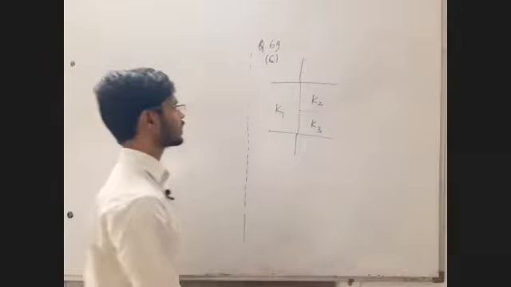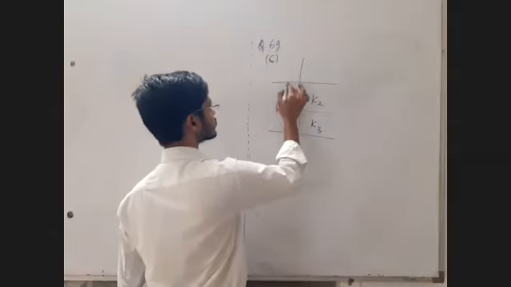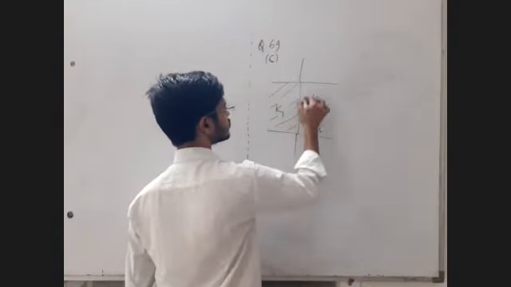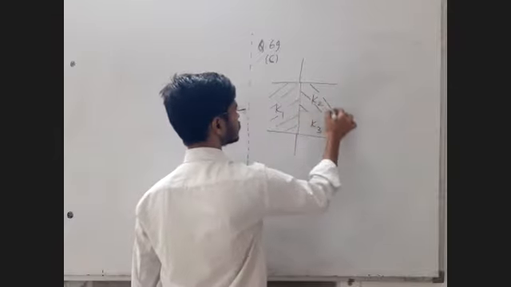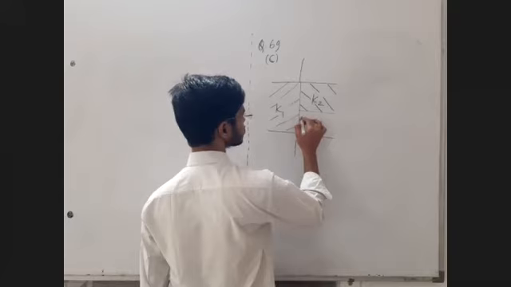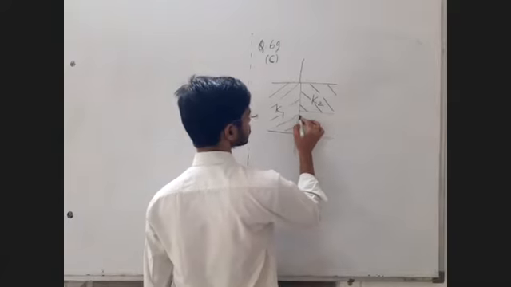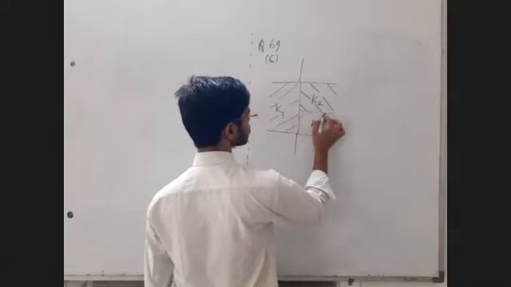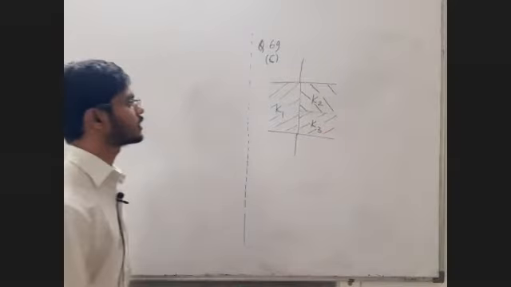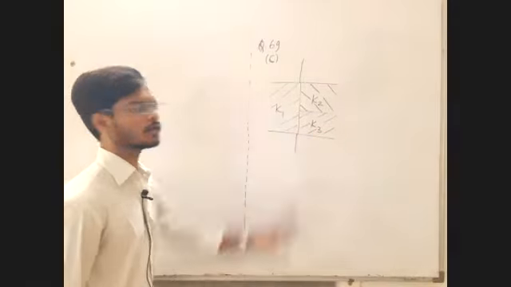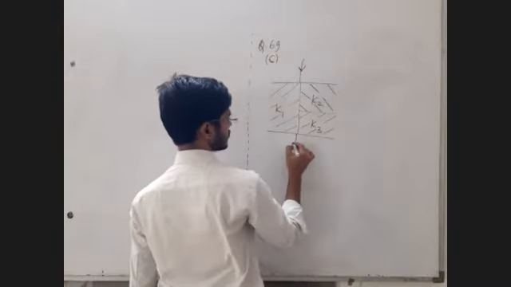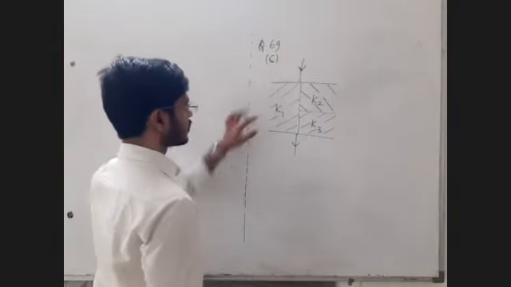Now there are three media, K1, K2 and K3. Now how many capacitors? How many dielectrics? That many capacitors. Now you can identify which of these are in series, which of these are in parallel.